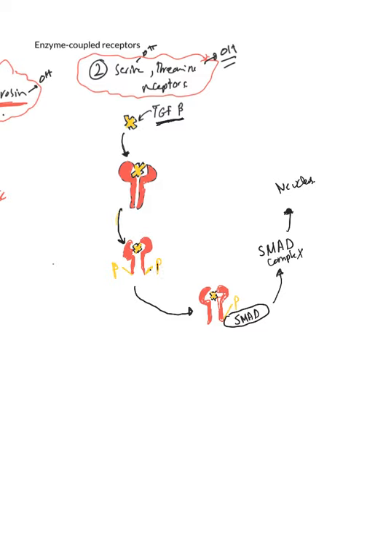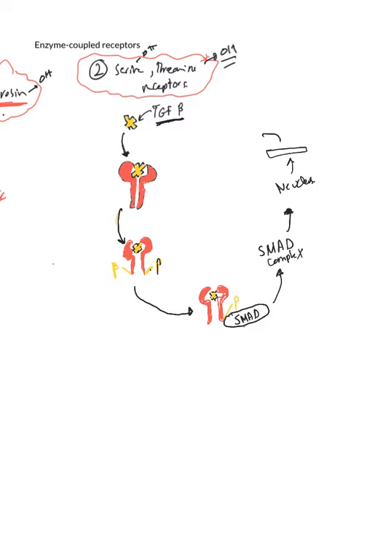The phosphate group is added on serine and threonine, and in this case it will be activated. After the activation of the receptor, it will go and bind with SMAD, and then SMAD would form a complex, and that complex would get into the nucleus, and it will go to the DNA regulatory sequence.